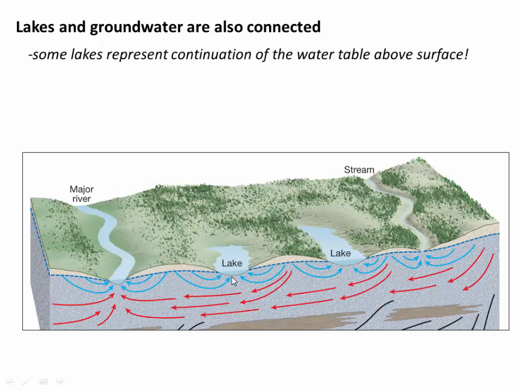So in this diagram, we see these two lakes here, and we see the water table in blue. And you can see that the water table just intersects right through this low point in the topography and defines the surface of the lake. So some lakes actually are groundwater fed and actually represent the level of the groundwater. Other lakes are sitting above the groundwater.